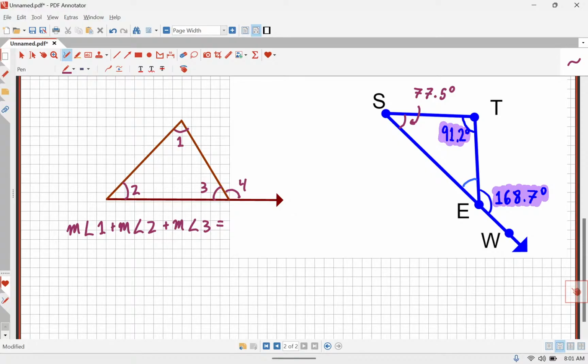Oh, I always get the same number when I add up the three angles inside of a triangle. What is it? What's that special number we keep coming back to? 180, yeah. It's 180. No trick questions here.